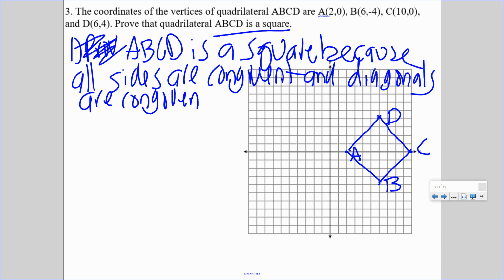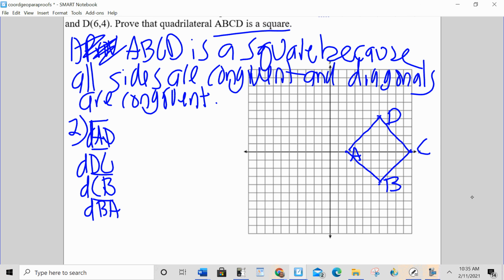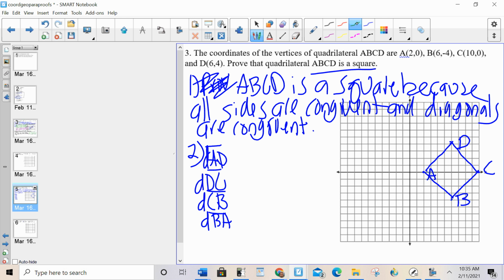So whenever I'm dealing with diagonals, I'm going to have to calculate 6 distances, the 4 sides and the diagonals. So I'm going to find AD, I'm going to find DC, I'm going to find CB, I'm going to find BA, and I'm also going to find the diagonals AC and DB.